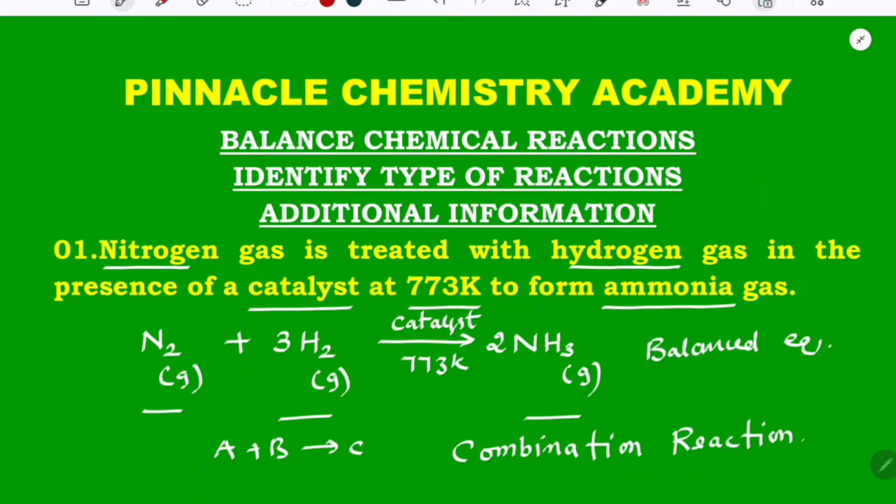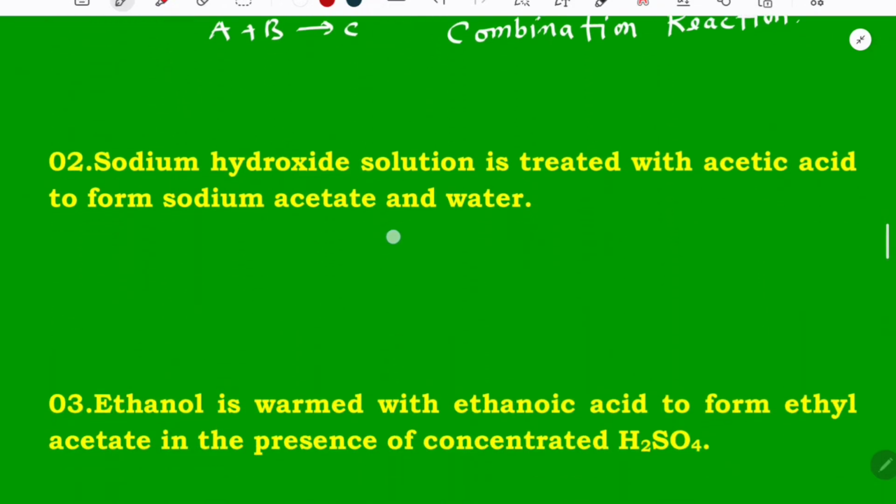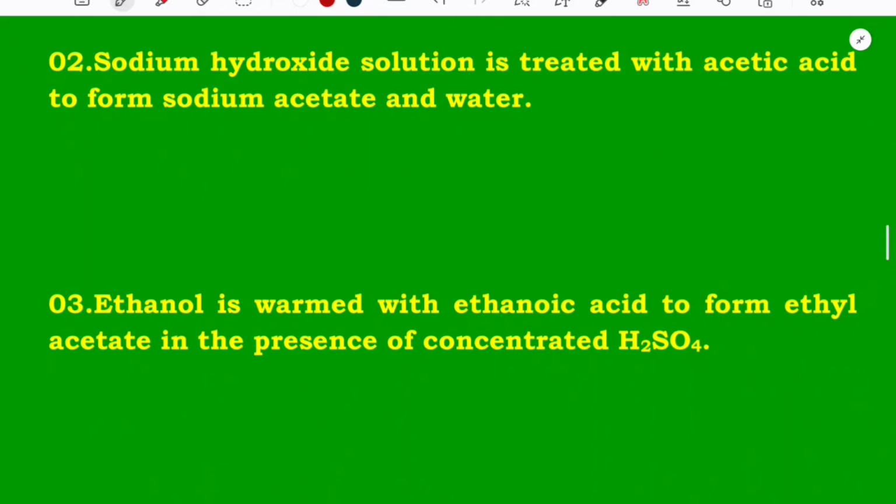Going to the next question. In sentence form, the statement: sodium hydroxide solution is treated with acetic acid to form sodium acetate and water. First we should write the formulas.